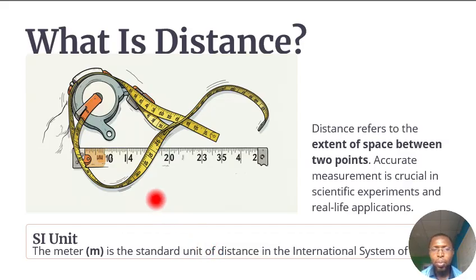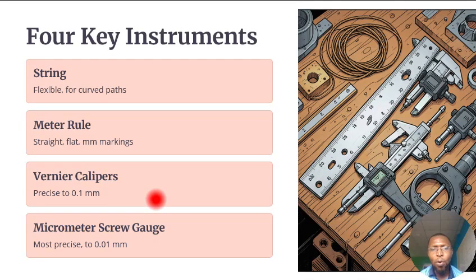All right. Let's talk about the four key instruments that we use in measuring distance or length. The first one is the string, the flexible string for measuring curves. Then we also have the meter rule. A meter rule is a straight flat marking, between 0 to 100 centimeters in length. Then we have the vernier caliper, which has an accuracy of 0.1 millimeters or 0.01 centimeters.